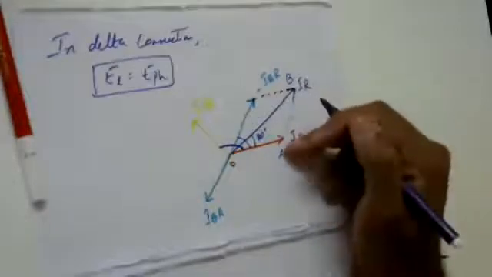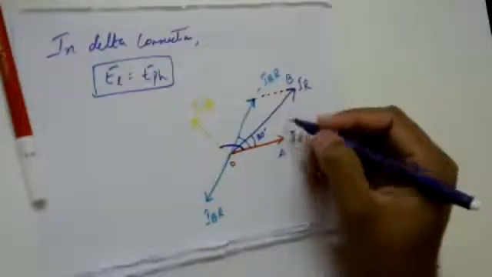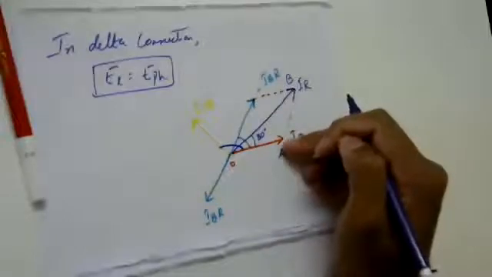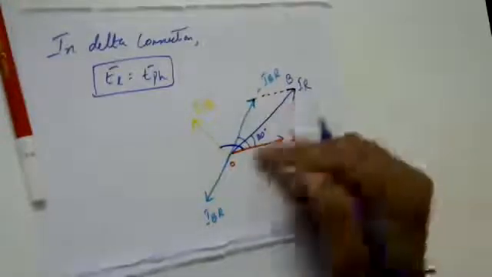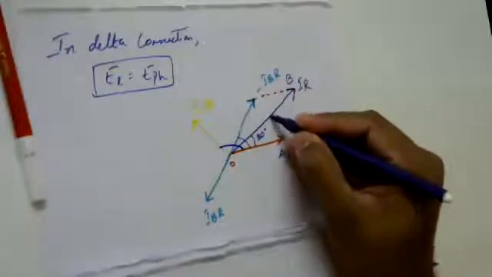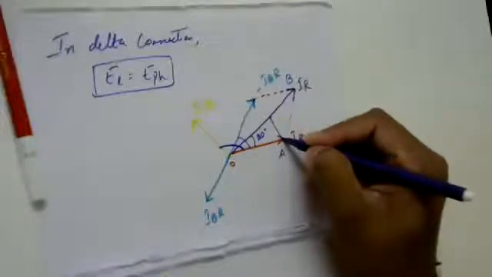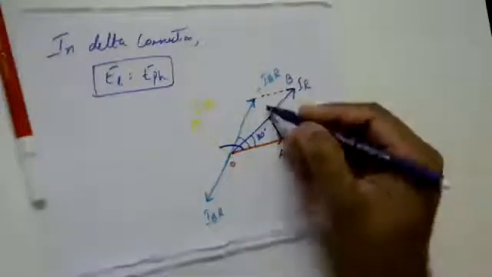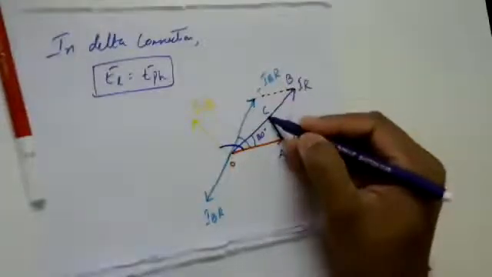From point A, I am going to draw a perpendicular to the line OB. So if I draw a perpendicular to the line OB, somewhat like this, then it forms a right angle triangle OAC.